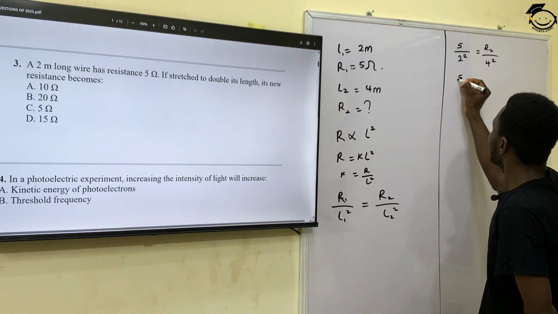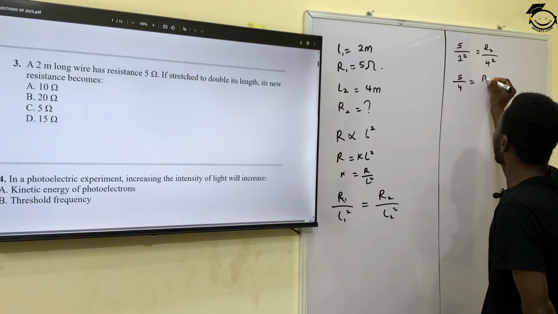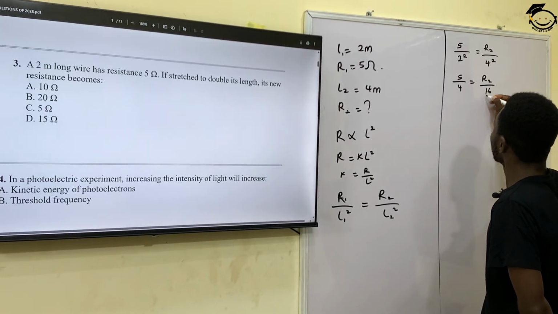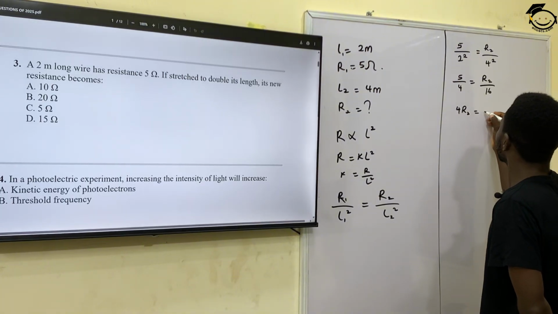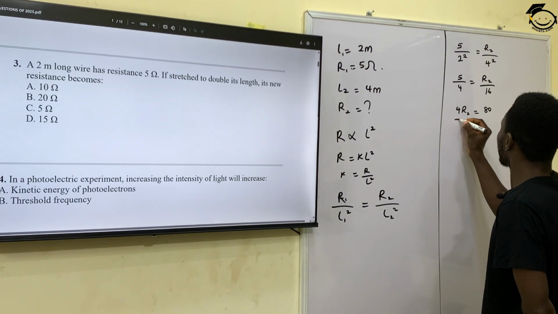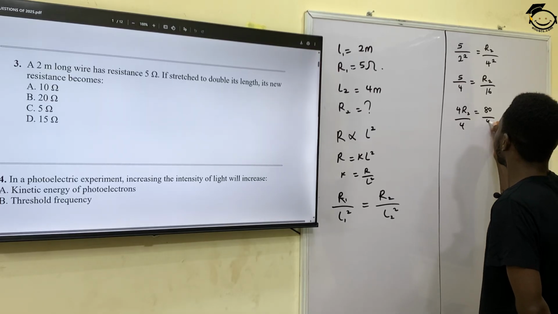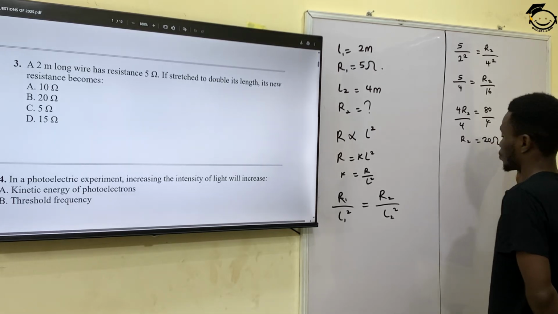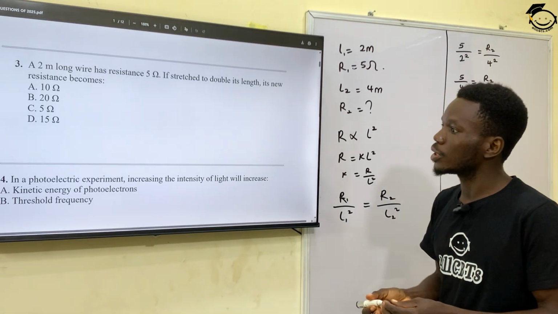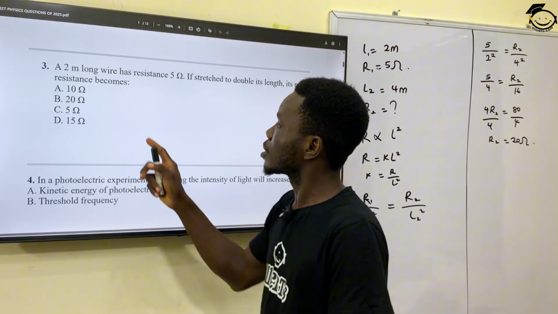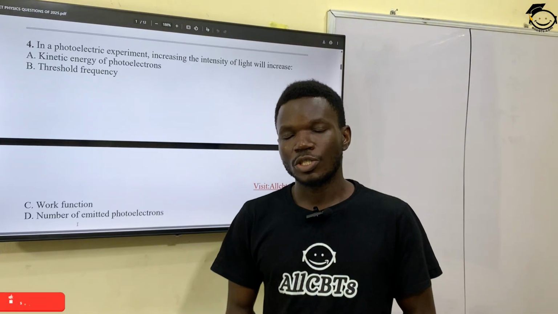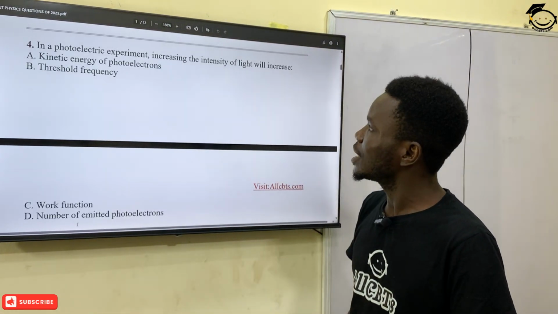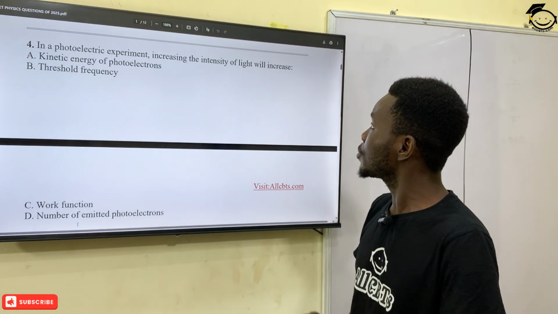So this gives 5 over 4 is equal to R2 over 16. If I cross multiply, I will have 4R2 is equal to 80. I divide both sides by 4, so R2 is equal to 20 ohms. Looking at our options, the correct answer to this question is option B, which is 20 ohms.